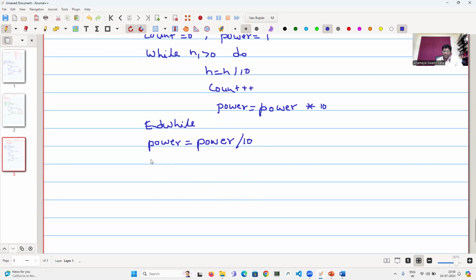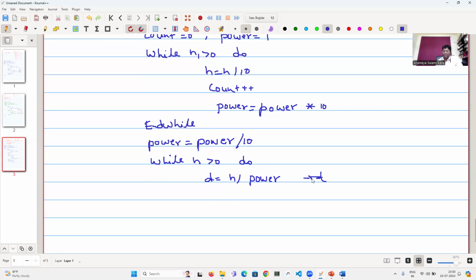Right. Next, what we need to do? We need to run while n greater than 0 too. Since we have kept the copy of n as it is, d is equal to n by power. This will extract the leftmost digit.